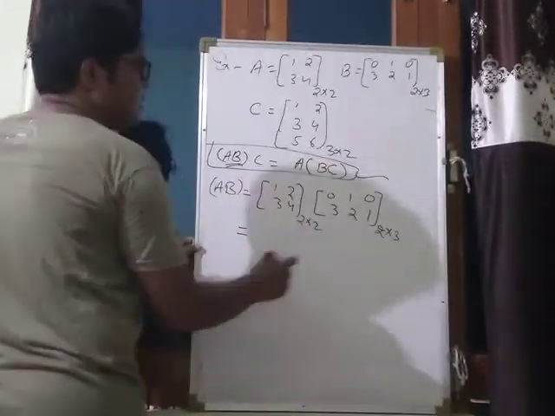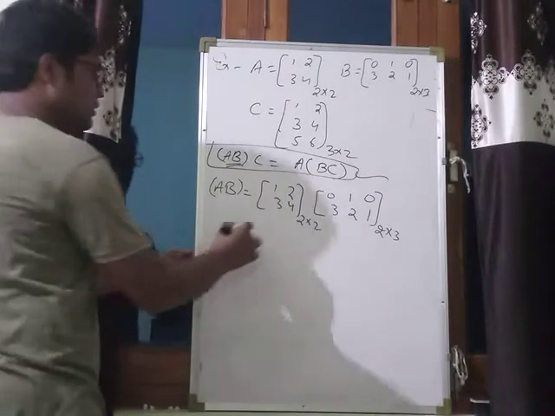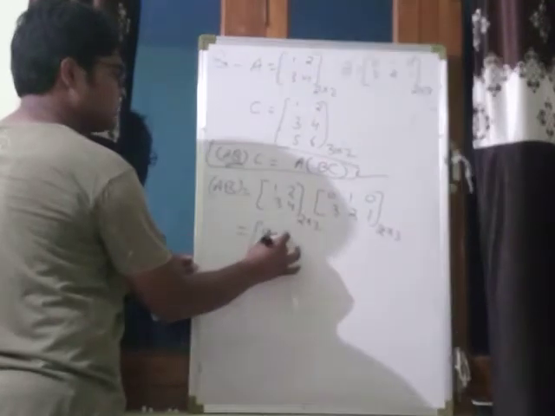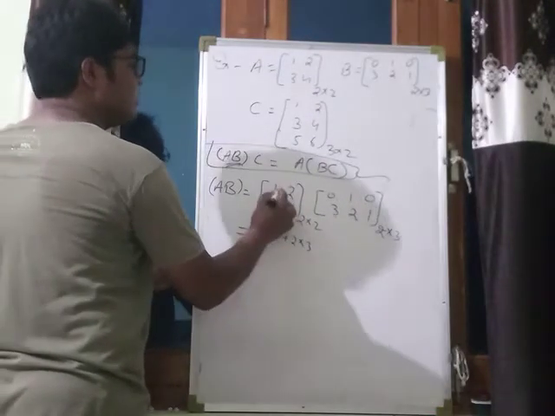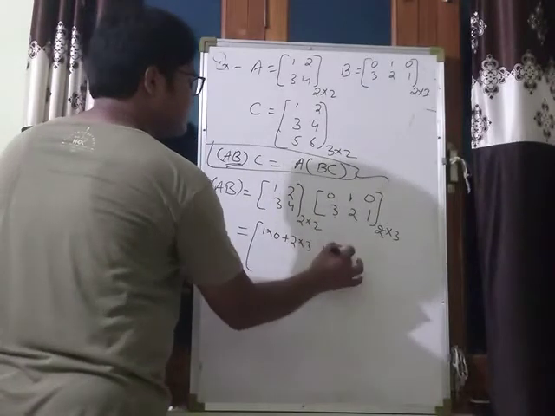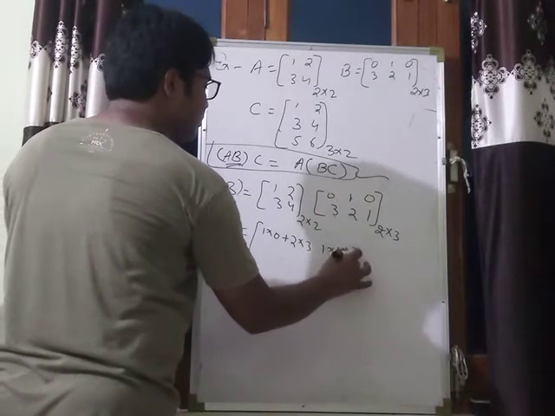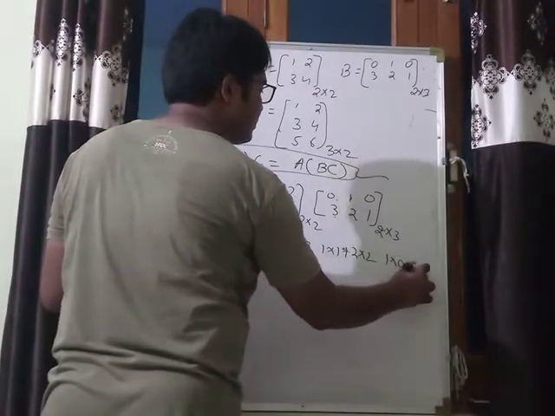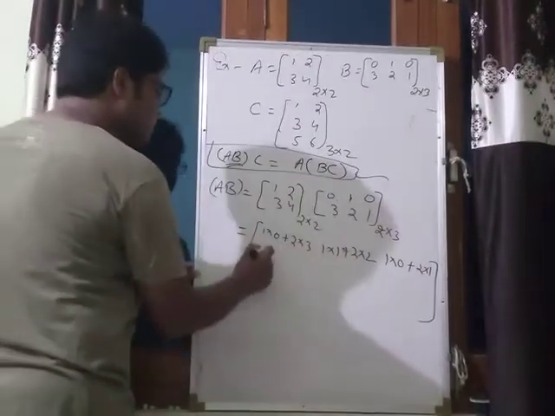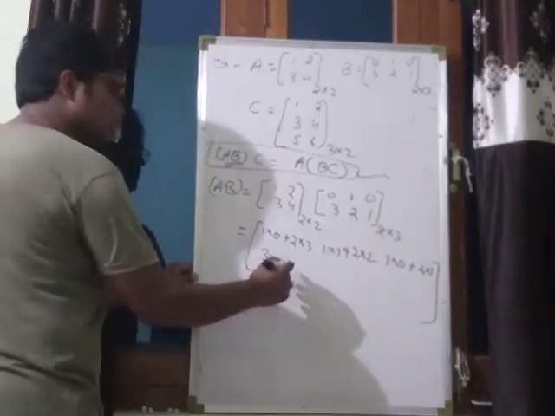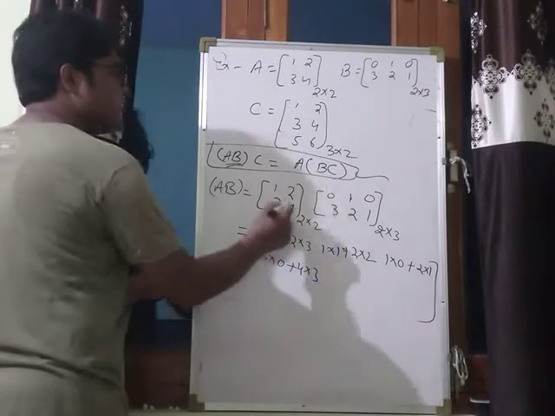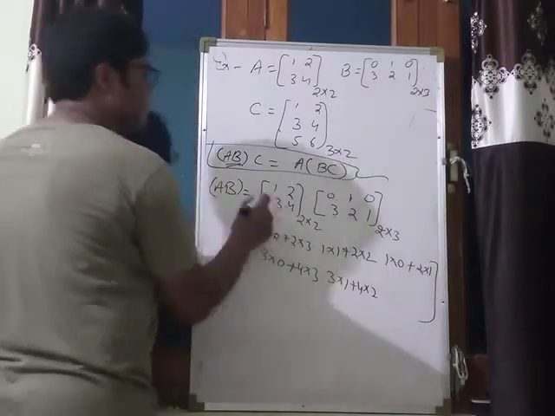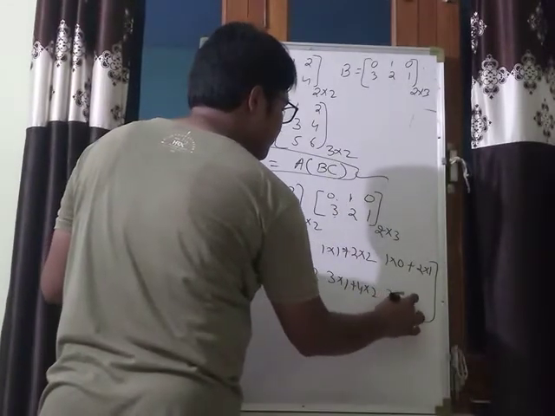So that is equal to, see, 1 into 0 plus 2 into 3, then 1 into 1 plus 2 into 2, and 1 into 0 plus 2 into 1. Okay. After that 3 into 0 plus 4 into 3, 3 into 1 plus 4 into 2, 3 into 0 plus 4 into 1.